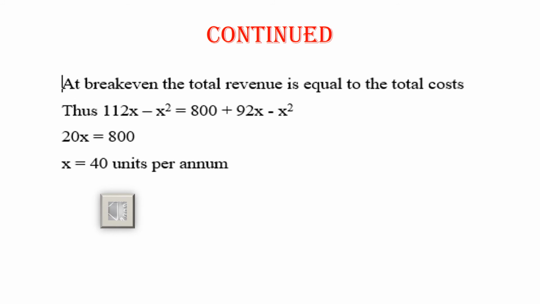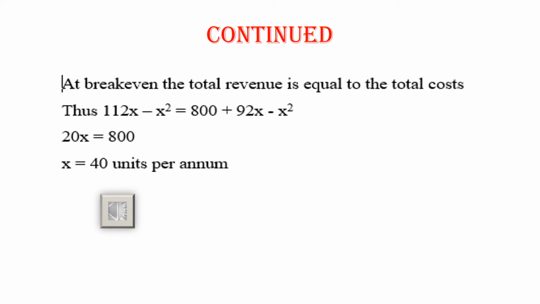Moreover, we have been tasked with determining the number of units to be produced at the break-even point. Borrow the understanding from economics, where we have been saying that at the break-even point, the total revenue is equal to the total costs.